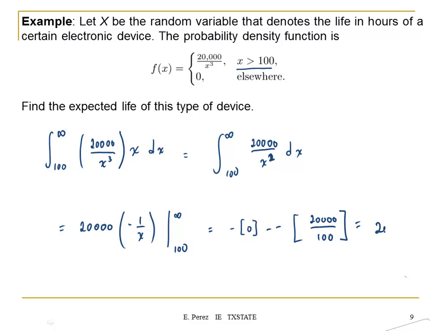So this is 200. So when you substitute the infinity here, that goes to 0. This goes to 0, and then you get this expression, which equals 200. Questions?